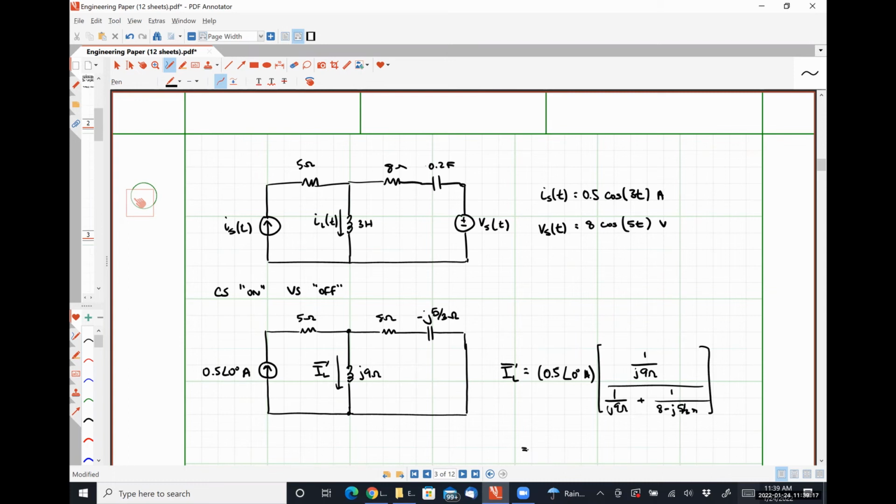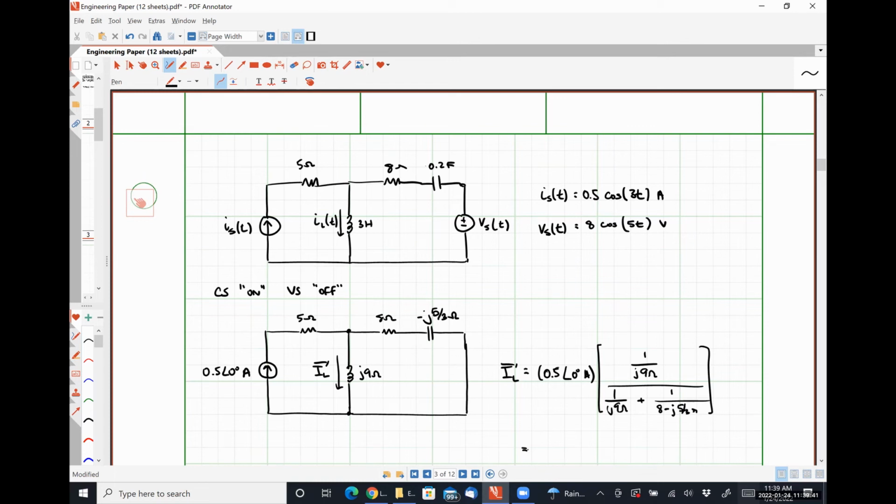Give me some numbers. While you guys are calculating, I'm going to ask a question. Why doesn't the 5 ohm resistor show up in my equation? Exactly right. We know for a fact that all of the current from the 0.5 angle 0 degrees amp source is going to flow through that 5 ohm resistor, and then it's going to split.